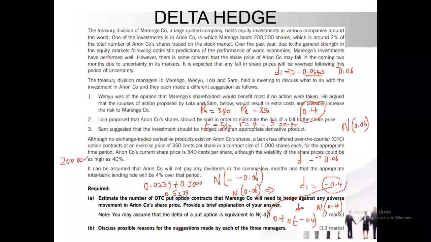How many shares do we have? 200,000. So you divide by 0.5239. What do you have now?